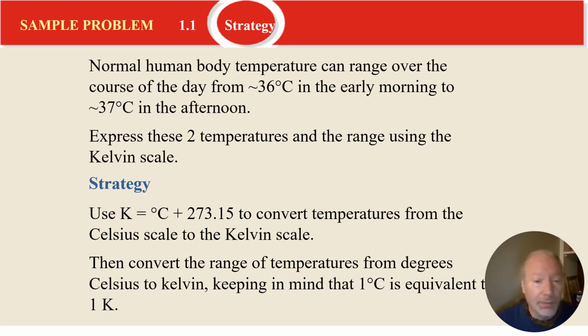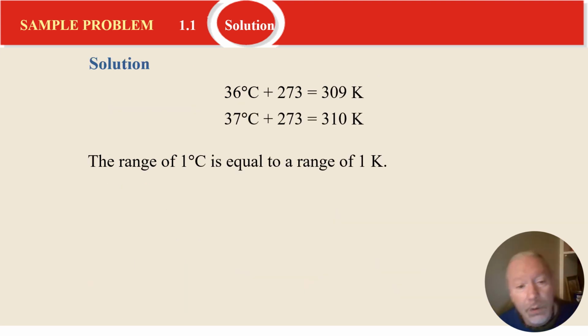So 273.15 plus 36, you're going to get 309.15, or 310.15 if you go to 37. So the range is still the same. We convert from Celsius into Kelvin, and we're still 1 degree difference. So that's a strategy. Mental math can help you on tests, but then use the calculator.